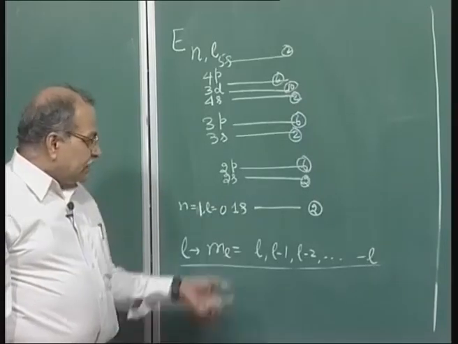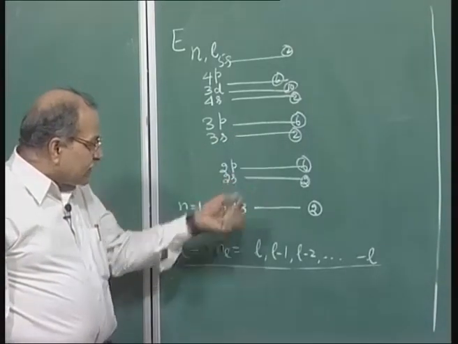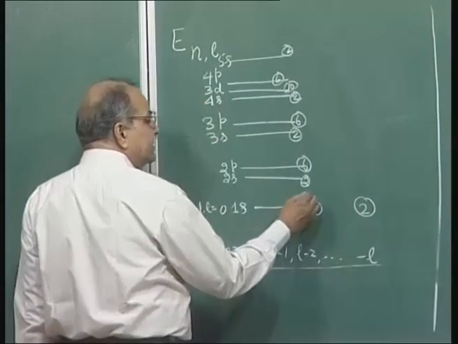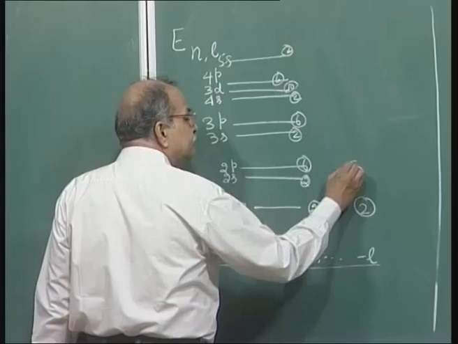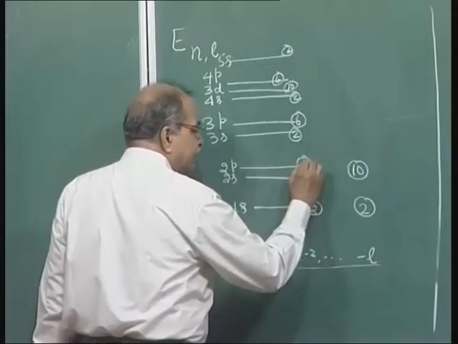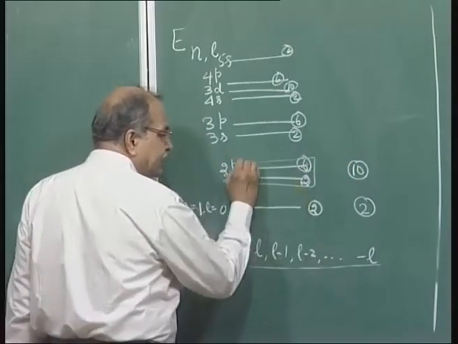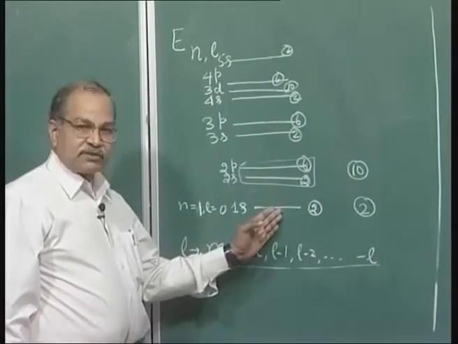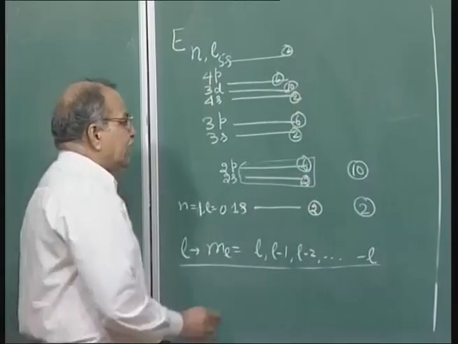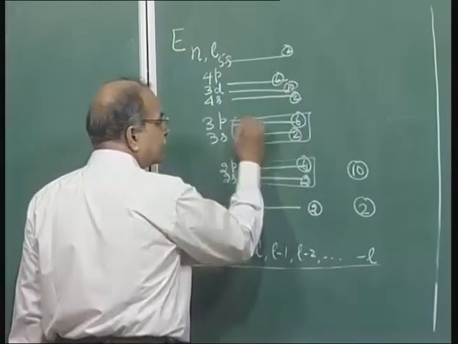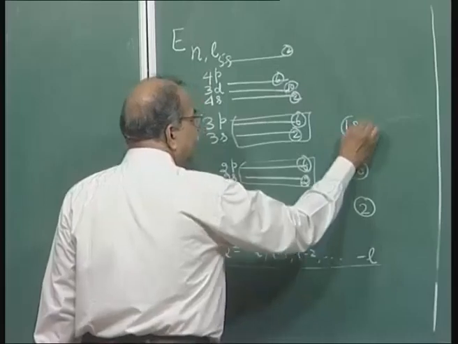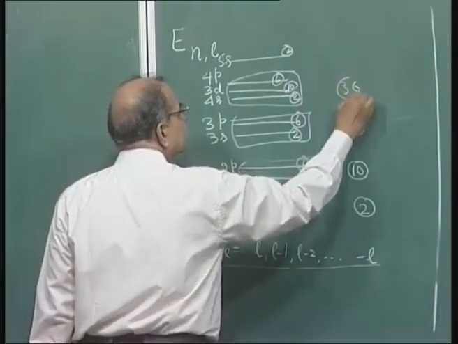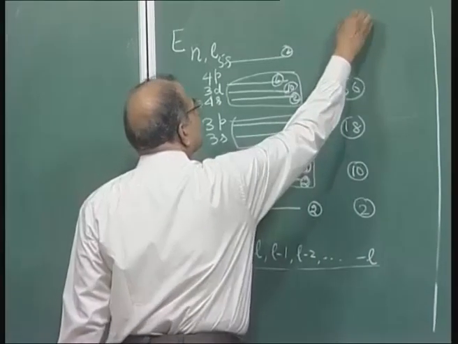If you look at those gaps and call them shells, then this shell is at 2 and this shell is at 10. I am writing the cumulative numbers. This shell itself contains 8 quantum states, add this 2 also, so you have 10. Then this is one shell, this makes it 18, this is one shell and this makes it 36, and so on. Next will be 54 and so on.